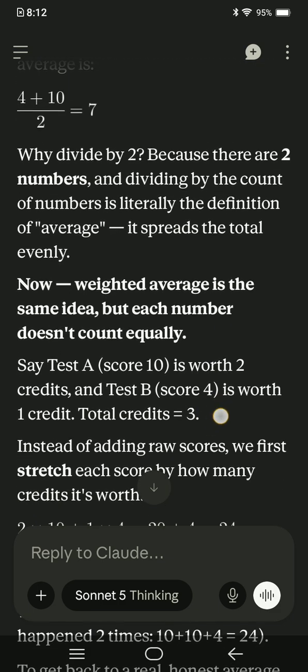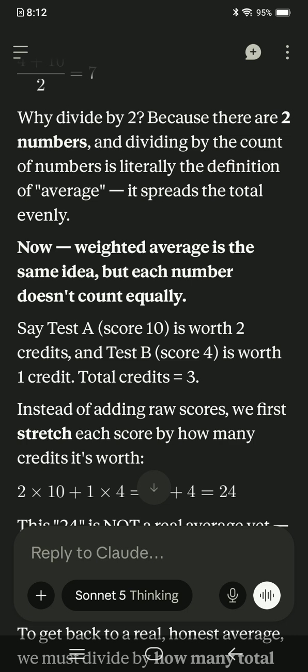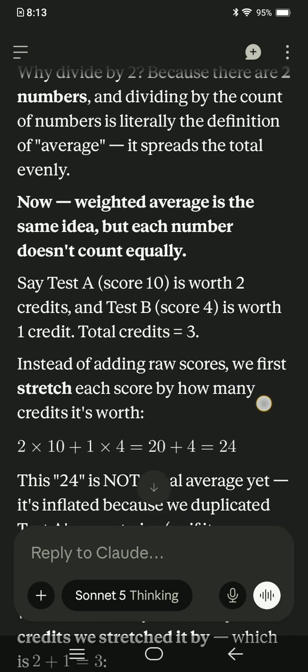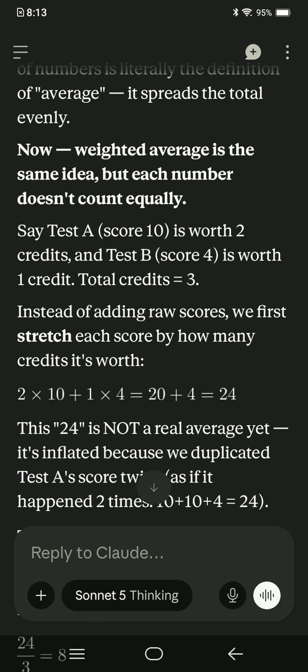Now a weighted average is the same idea but each number doesn't count equally. Say test A score 10 is worth 2 credits and test B score 4 is worth 1 credit. Total credits equals 3. Instead of adding raw scores, we first stretch each score by how many credits it's worth.